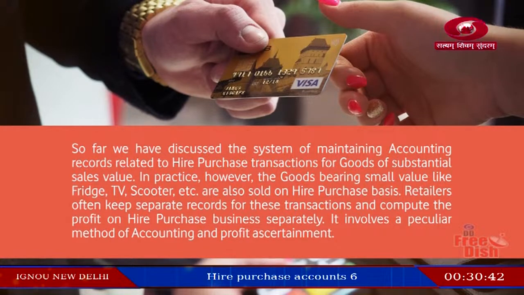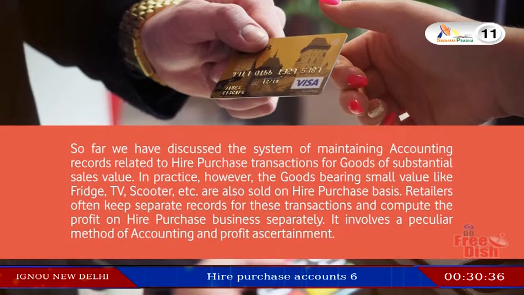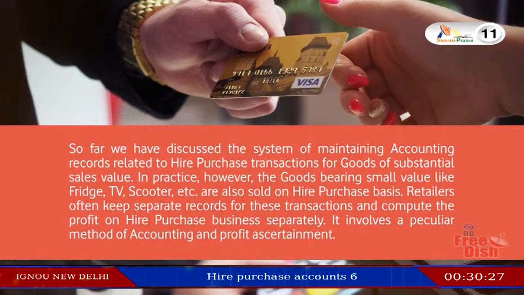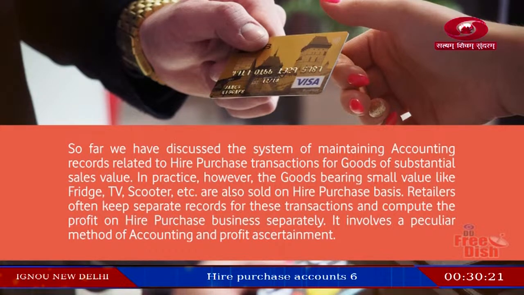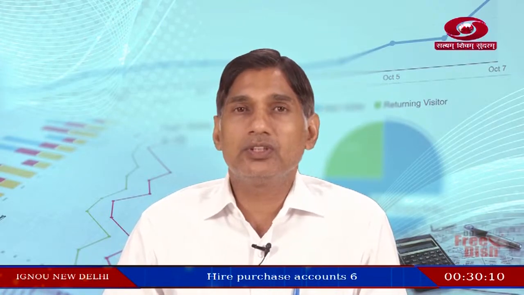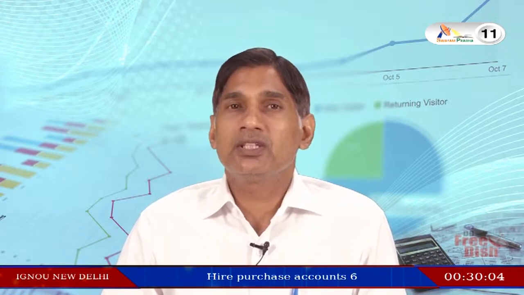So today we will discuss how the accounting treatment will take place for items which are of small value, like fridge, TV, scooter, etc. When these items are purchased on hire purchase basis, how the transactions are to be recorded in the books of the buyer or in the books of the seller. Let us now discuss.